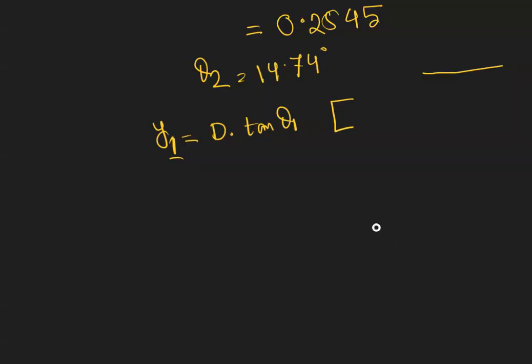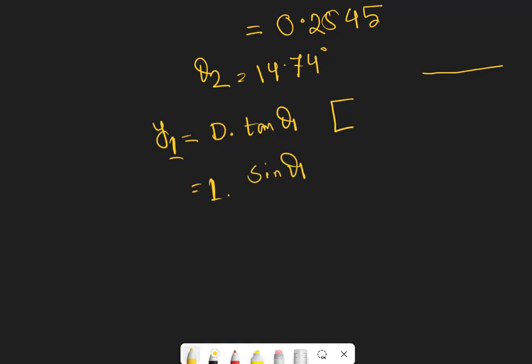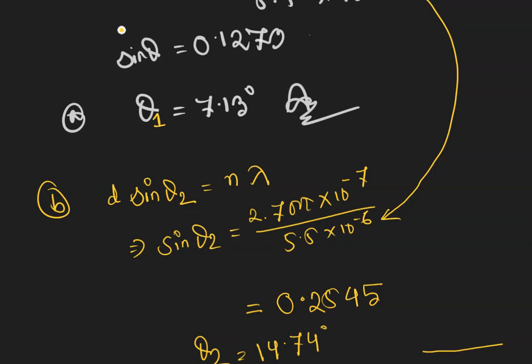Now plug in the value here. d is 1 meter and tan theta is sine theta 1 over cos theta 1, right? So what is the value of cos theta 1? Let's write down theta 1. We can use the trigonometric formula: cos theta 1 is equal to the square root of 1 minus sine square theta 1.